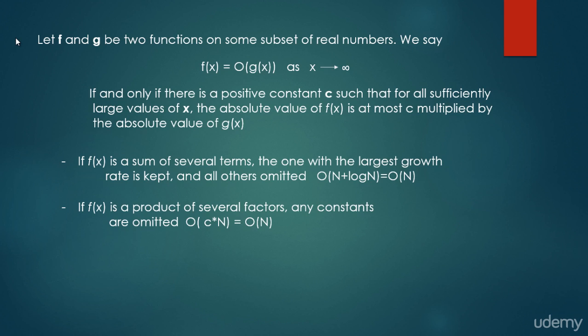The second rule is very important, for example, for radix sort, where we iterate through a list once, twice, or 10 times. These constant factors, the 1, 2, and 10, can be omitted, and it is reduced to linear time complexity as far as radix sort is concerned.